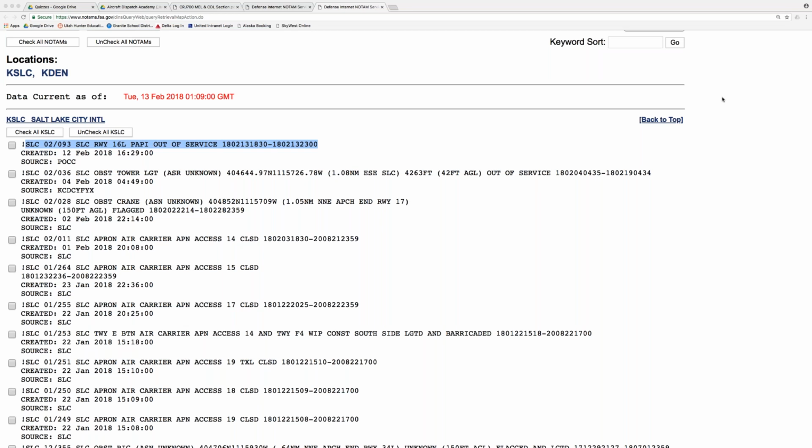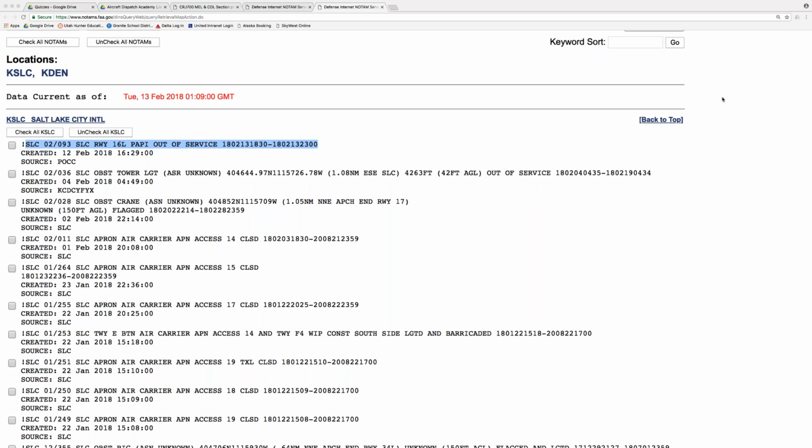So what is a NOTAM? Information on status on navigational equipment, runways, taxiways, radios, and physical equipment at the airport. Yeah, so we call it a local NOTAM.